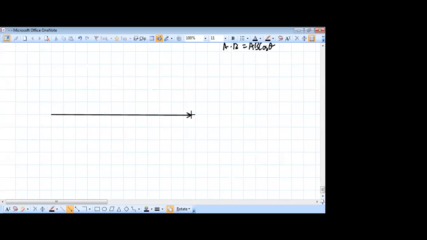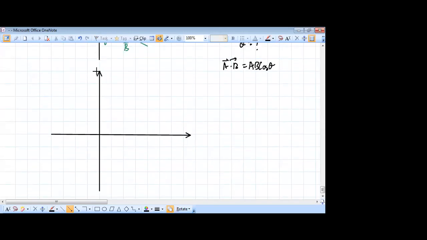What the correct answer? The angle between them, if I draw them more carefully, the angle between them will come out to be how much? 60 degrees. Because E vector कैसा है? E vector को अगर मैं origin से draw करता हूँ, ऐसा है ना? E was like this. Pick up this vector and draw it here. E angle 30 है, so that means यहाँ पे E angle 30 है.